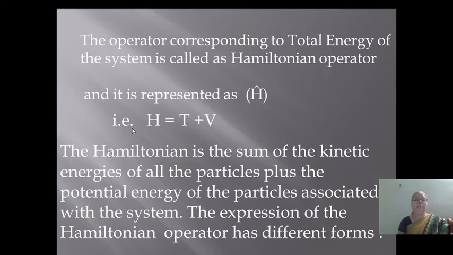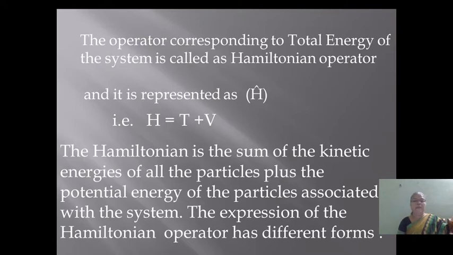And in the form of an equation, we can write the total energy of the system H as equal to the sum of the kinetic energy, represented by the letter T, and the potential energy, represented by phi. In classical mechanics, the total energy of a system is expressed by the Hamiltonian.